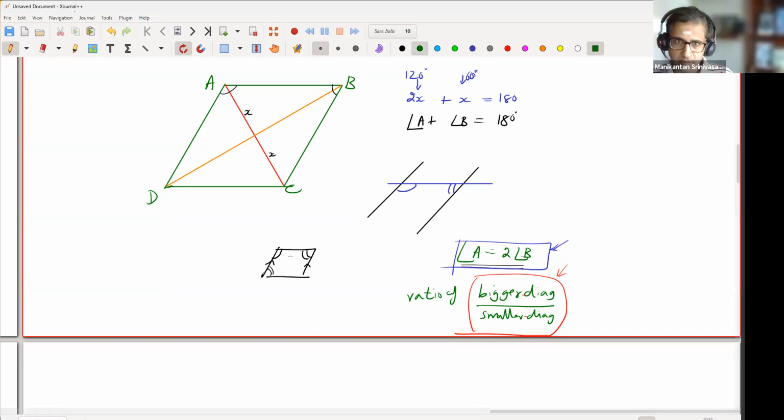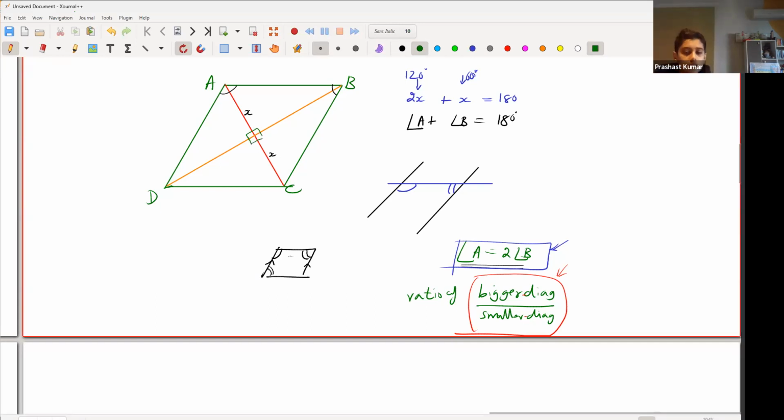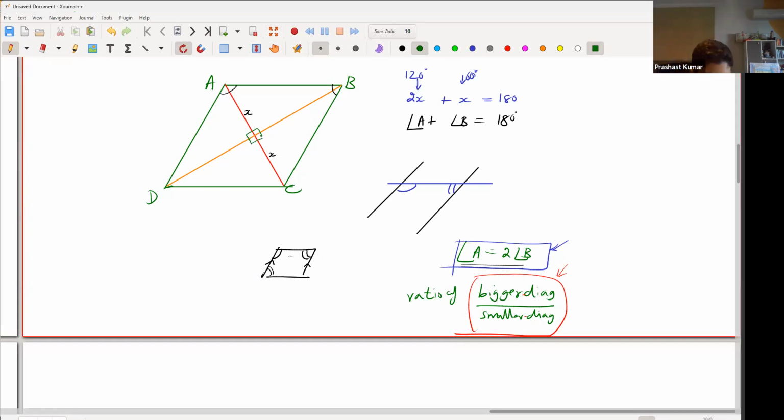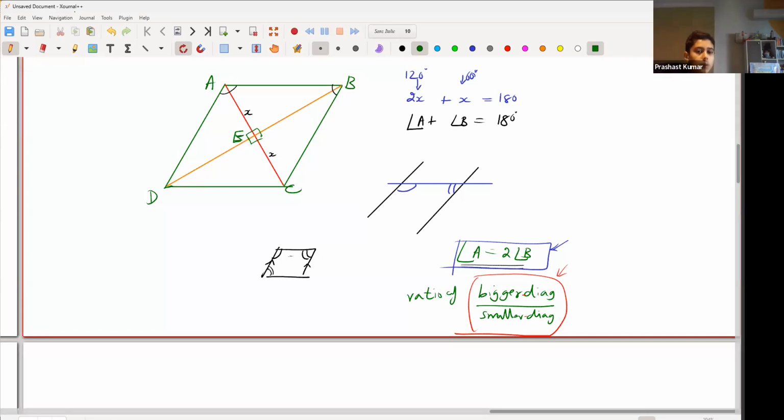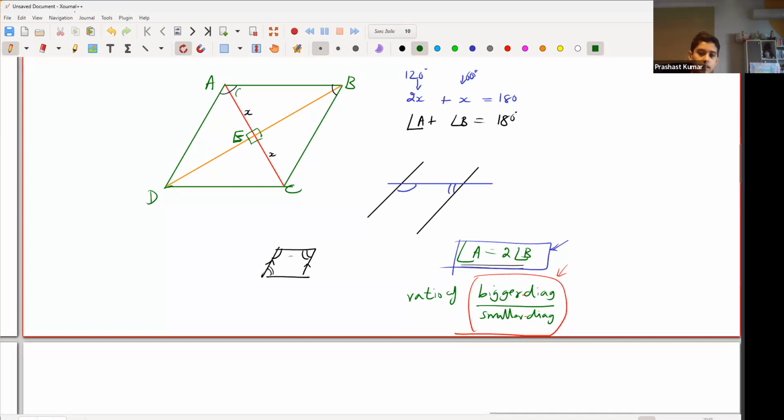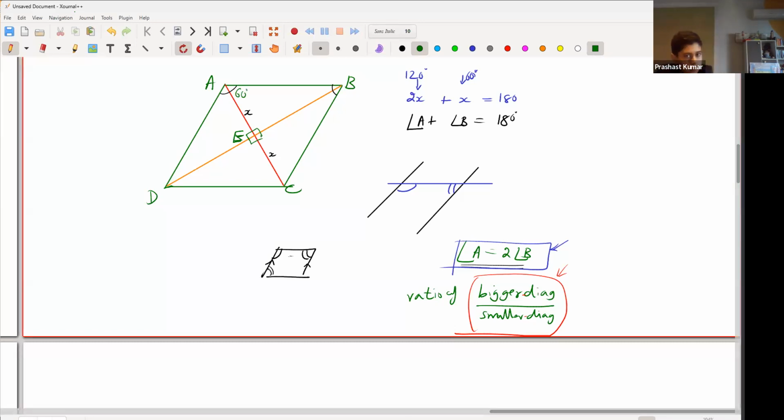So all four triangles inside this rhombus will be 30, 60, 90, because we are dividing A into two parts, which becomes 60, and dividing B into two parts, where one becomes 30.